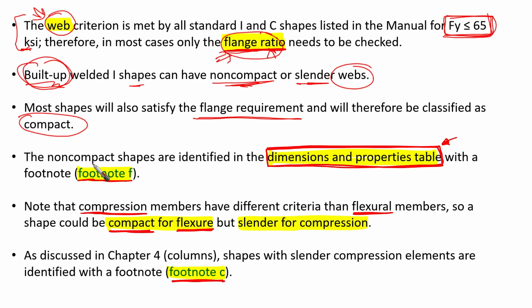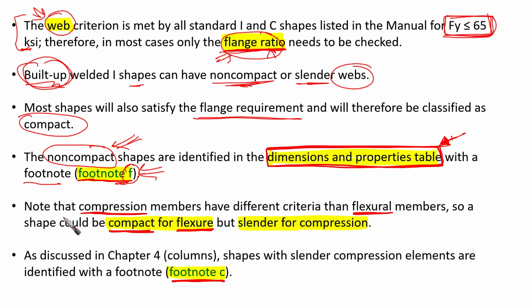The non-compact shapes are identified in the dimensions and properties table, so from now on you need to look at the dimensions and properties table, considering footnote F, to see whether your section is non-compact or not. Check this footnote whenever you are designing your beam.